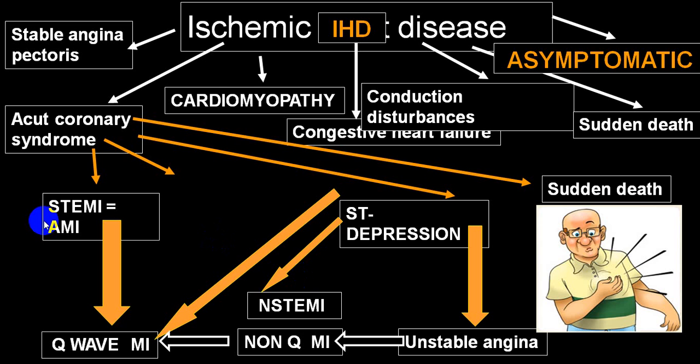Unstable angina can develop into STEMI or non-STEMI, but non-STEMI cannot become unstable angina, and STEMI cannot become non-STEMI or unstable angina. Or sometimes a person can present with sudden cardiac death, any one of these.